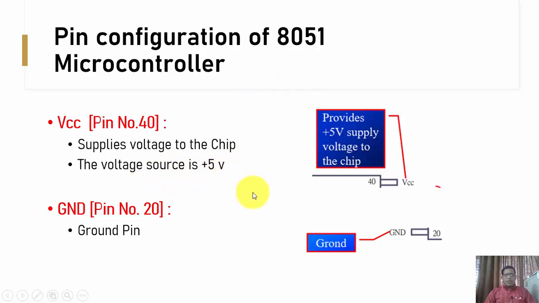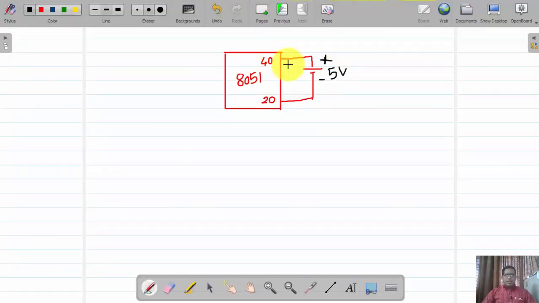So when we are using this microcontroller, we connect the plus 5 volt supply between pin number 40 and pin number 20 in such a way that the positive plate of the battery is connected to pin number 40, which is used as VCC, and the negative plate of the battery is connected to pin number 20, which is used as the ground pin.